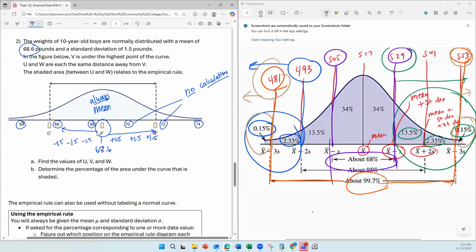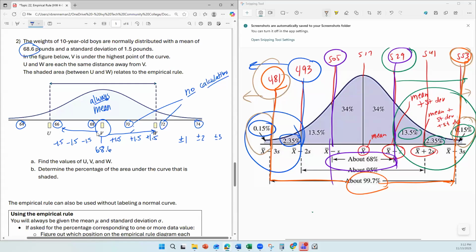Now they are to scale. So we can tell W not only is between 70 and 72, but it is closer to 72. U is between 64 and 66. It's closer to 66. But if in doubt, what you can do is do all 3 times. So from the 68.6, I'm going to do plus or minus 1, plus or minus 2, plus or minus 3. This is representing how many standard deviations. So 1 standard deviation.